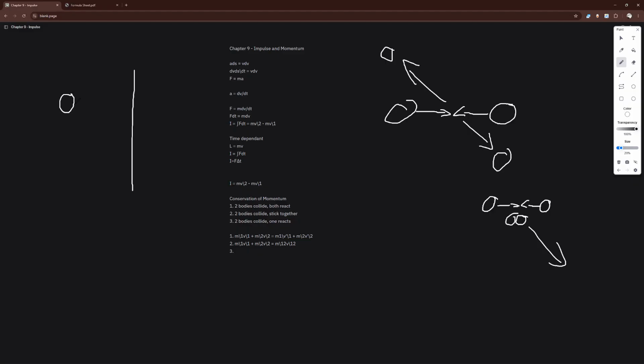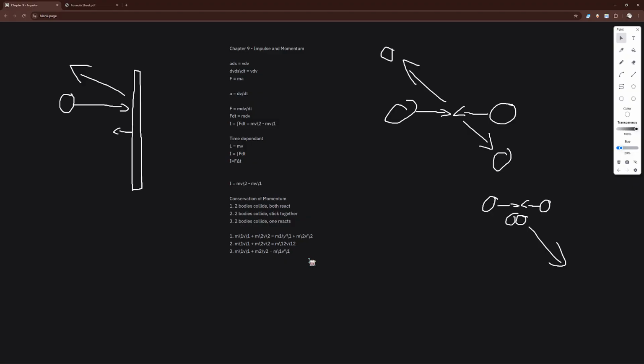And then finally, scenario 3, we can imagine that we have a wall and a ball. Or we could say this is like a piston, so that it actually has an initial velocity. The piston doesn't get any movement afterwards, and the ball goes off this way. So that gives us m1 v1 plus m2 v2 is equal to m1 v prime 1.